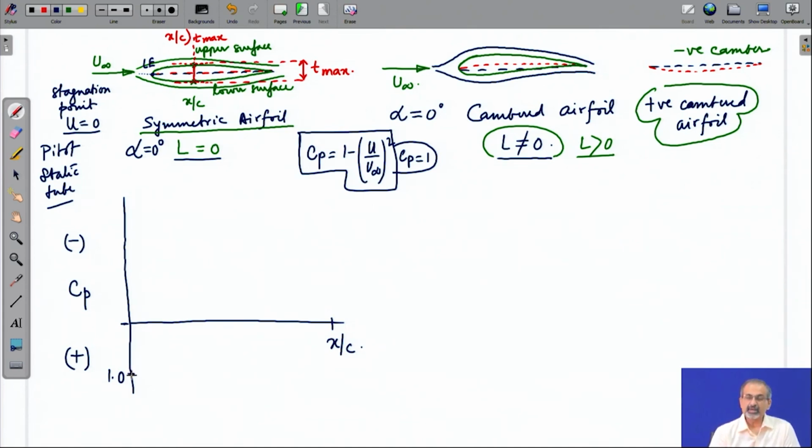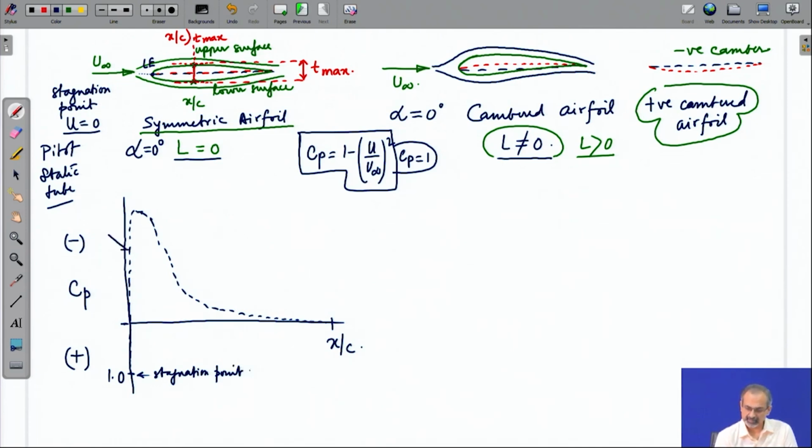So, the leading edge is where Cp equal to 1 is obtained, and then the flow very rapidly expands, or rather accelerates, and then gradually decelerates. The pressure may come down later on as it approaches the trailing edge part of the airfoil. So, this is the stagnation point where Cp has gone to a value of 1.